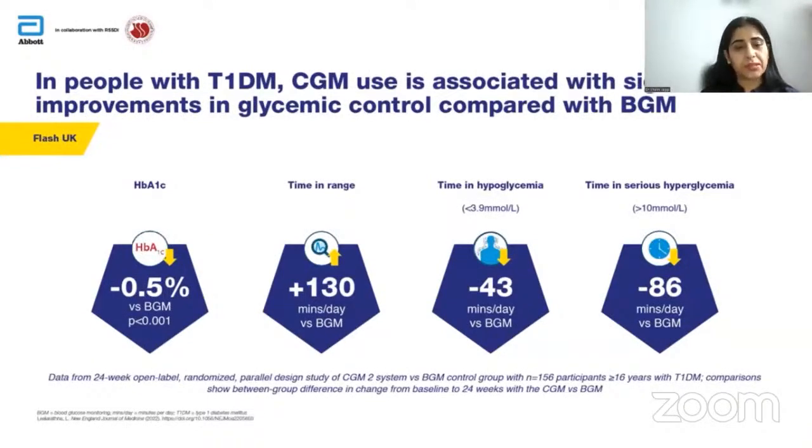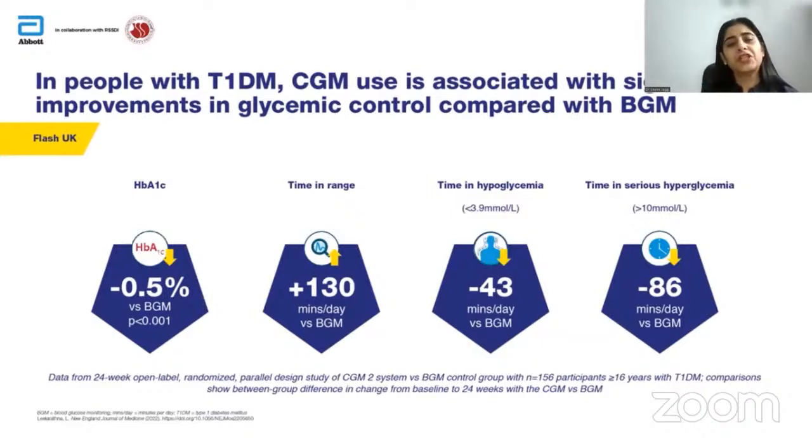This was again a study in type 1 diabetes patients, wherein you can clearly see that patients who were on CGM versus patients on self-monitoring or blood glucose monitoring with finger stick, this study clearly showed a reduction of 0.5% in the CGM group versus the blood glucose monitoring group, an improvement of 130 minutes per day in time in range, 43 minutes per day less time in hypoglycemia, and again you see time in serious hyperglycemia reduced by 86 minutes per day in patients on CGM versus patients who were on fingerstick glucose monitoring.